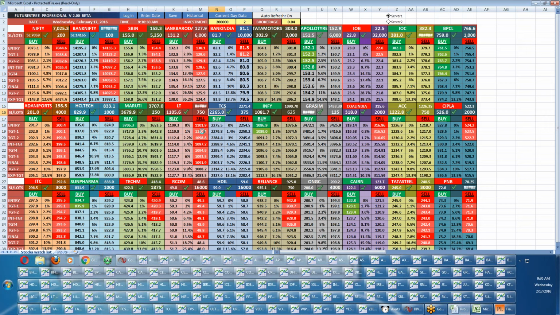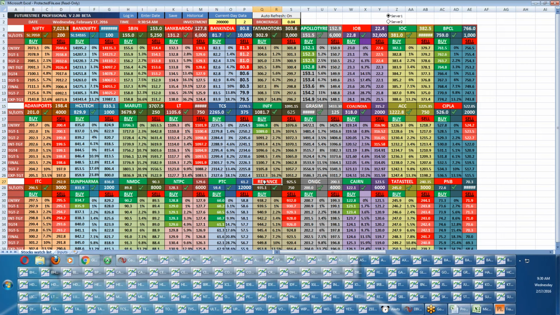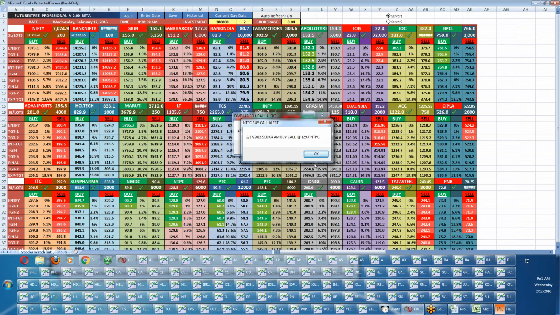We have buy trades in NMDC, NTPC. I'll show you that. PTC and PFC also. So you have a confirmation buy here in TradingTree, NTPC.